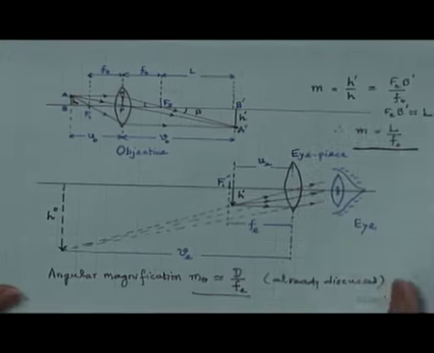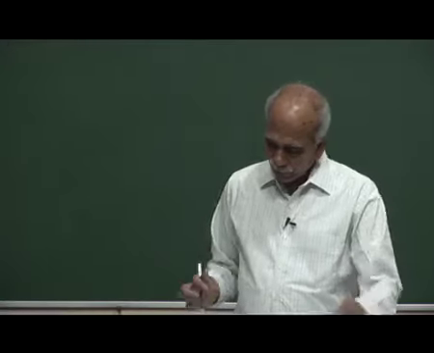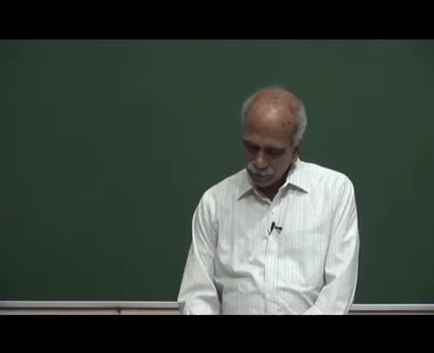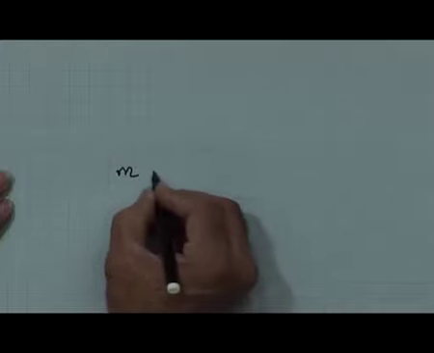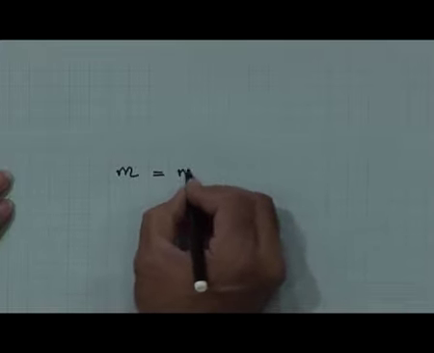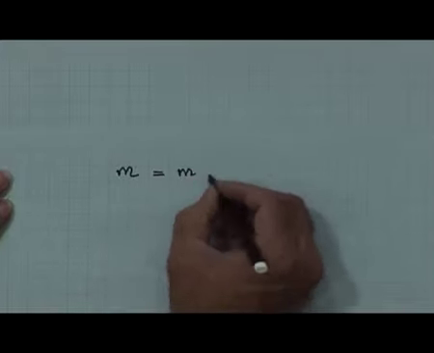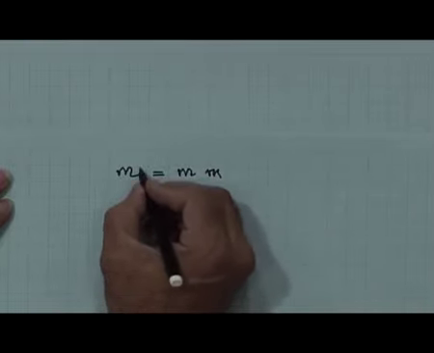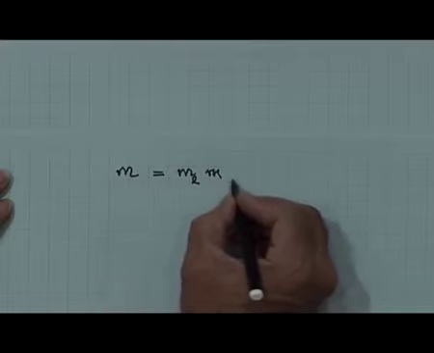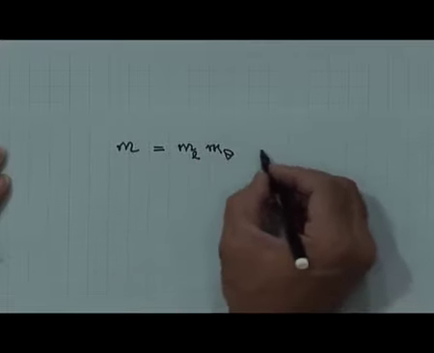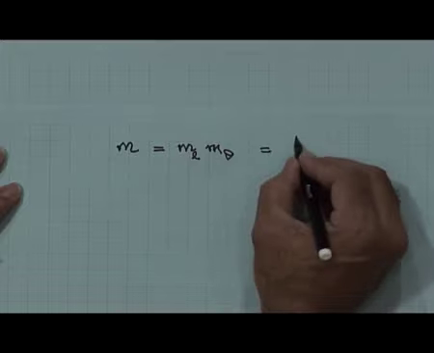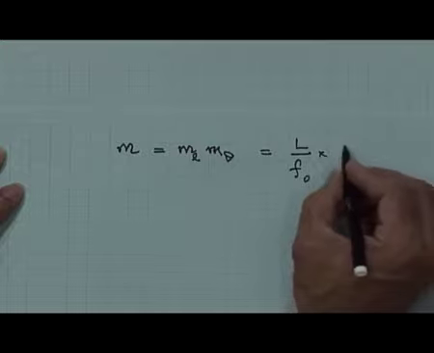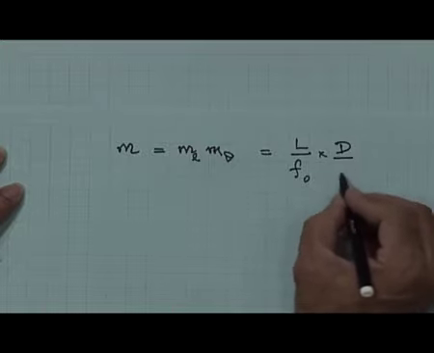Therefore, the net magnification m is equal to the first linear magnification multiplied by m_theta. So, the overall magnification is m_linear times m_theta, which is equal to L divided by f_o multiplied by d by f_e.